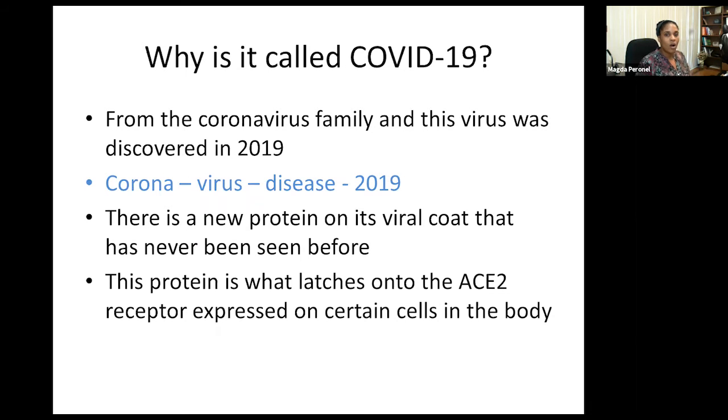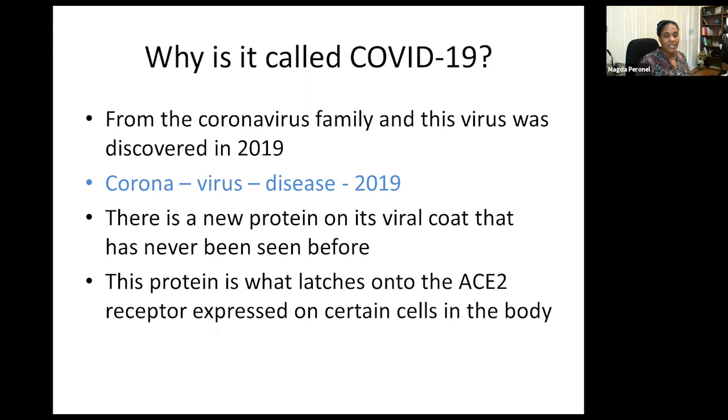So why is it called COVID-19? So COVID is actually from the coronavirus family of viruses. The D stands for the disease, and the 19 comes from the year 2019 when it was discovered.